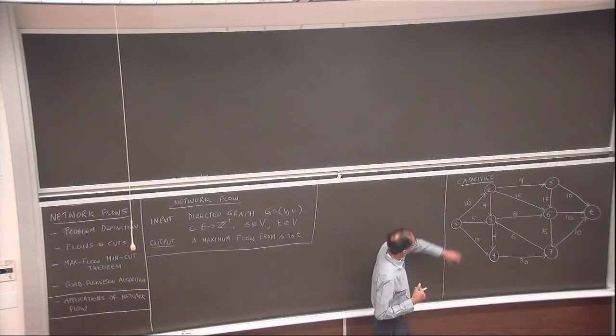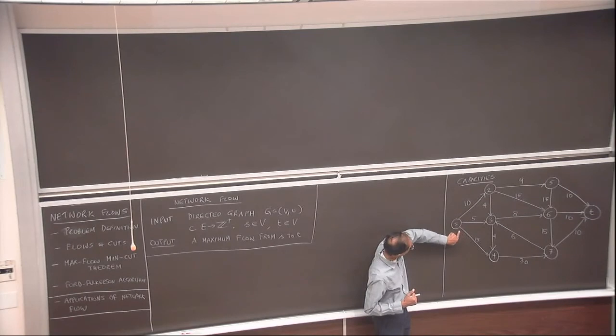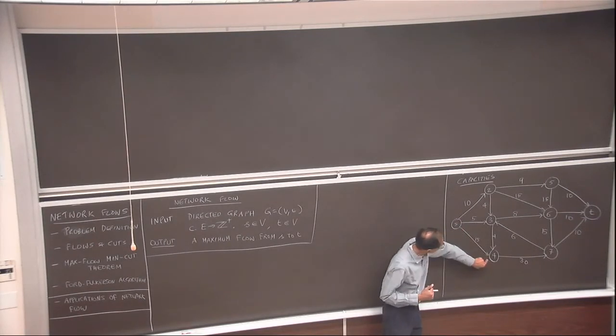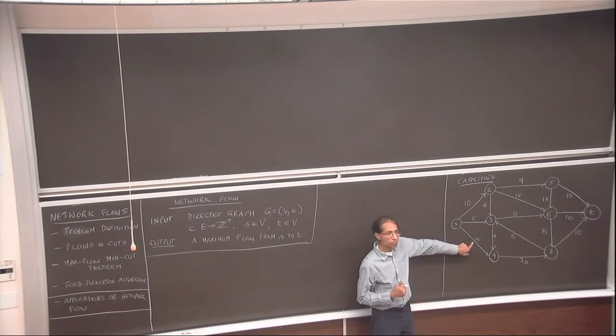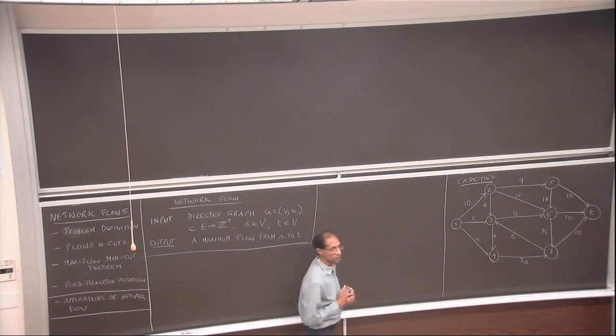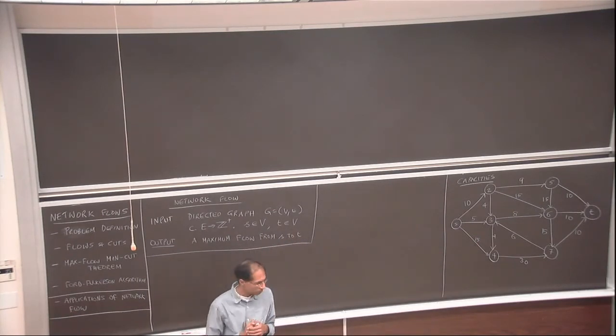If you're sending some fluid along this link, then you cannot send more than 15 units per second. You can send any amount less than or equal to 15. So that's the problem.